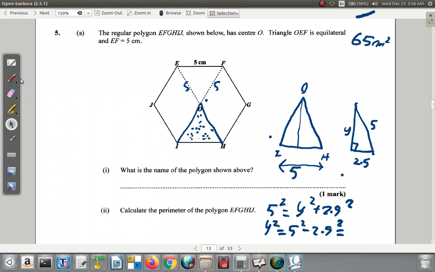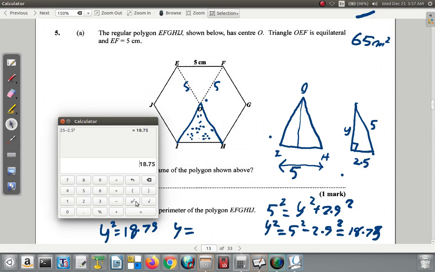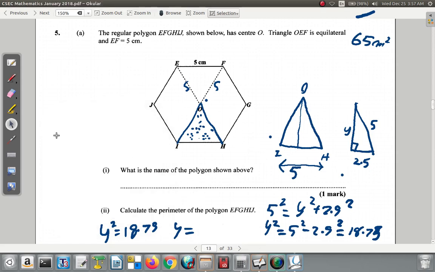Let me put it right here, 18.75. So running out of space, let's put the rest of it here. Y squared is 18.75, so y would be the square root of 18.75. So when you find the square root of 18.75, you get 4.33.